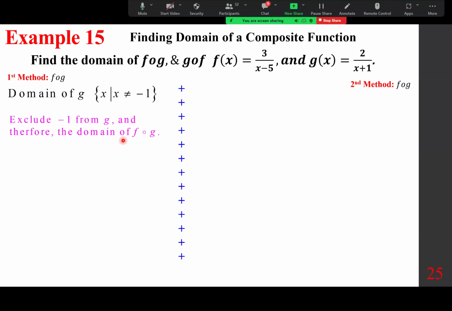And therefore, the domain of f of g. Then you look at f, where f of x is 3 over x minus 5, and x can't be 5.